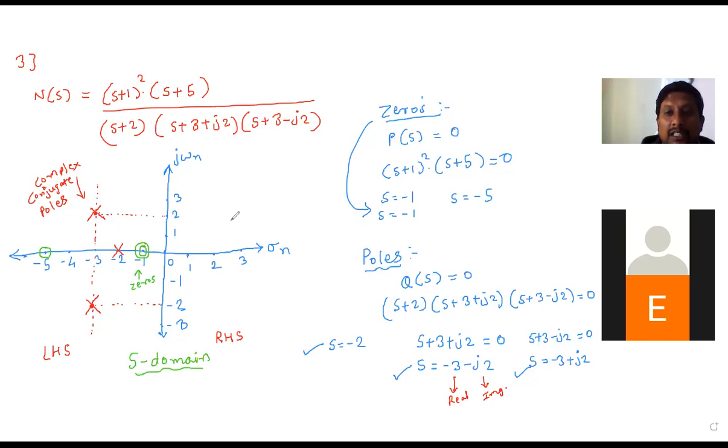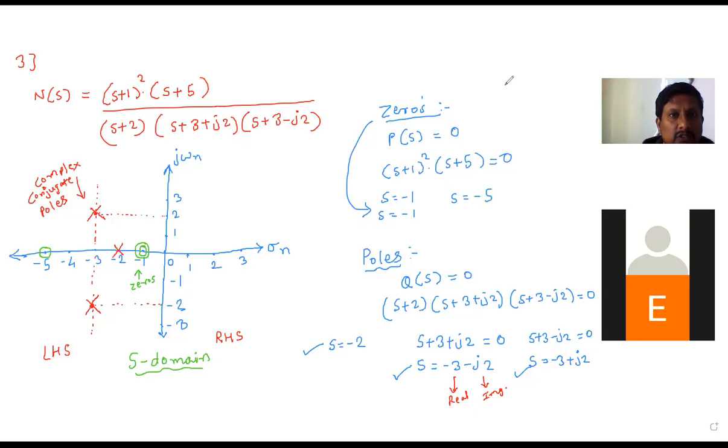So these are the predictions of whether the system is stable, marginally stable or unstable. That point is called the stability of the system, which we can find out by using the poles and zeros of the given network function for that system. Now we can discuss the stability of the system. Actually, the Routh criteria was there in the previous syllabus, but it was removed here because that part is already present in the control system subject.